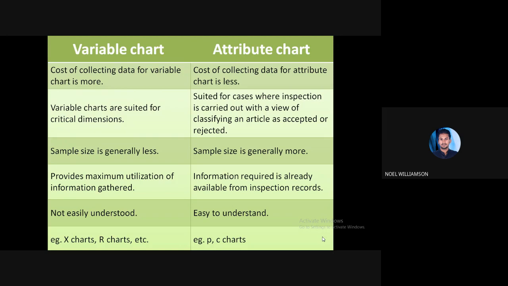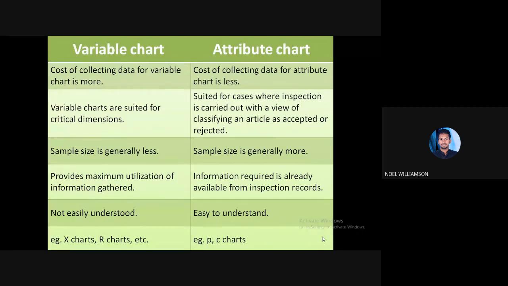Then regarding the sample size, for variable chart it is less compared to attribute chart. Variable chart provides the maximum utilization of the information, so whatever data is being collected, it makes maximum utilization.